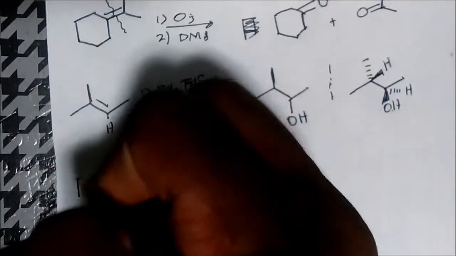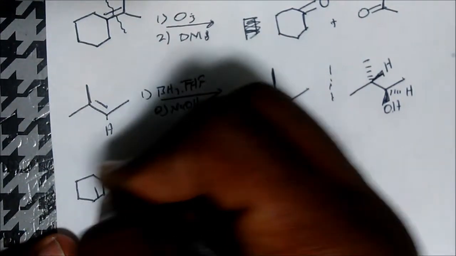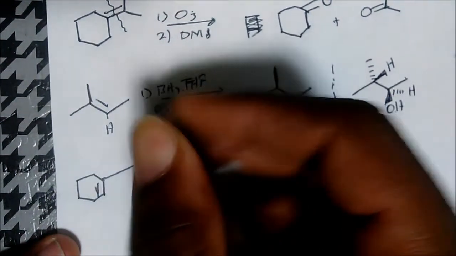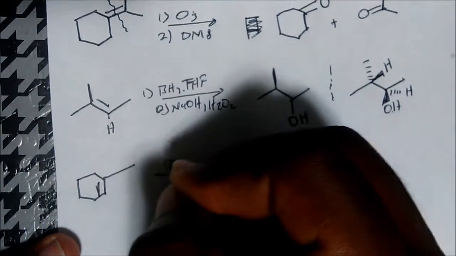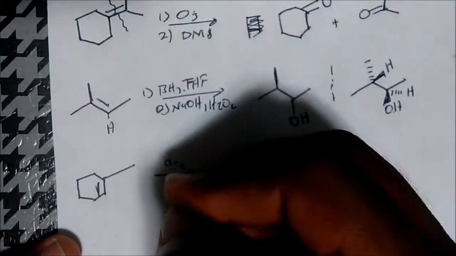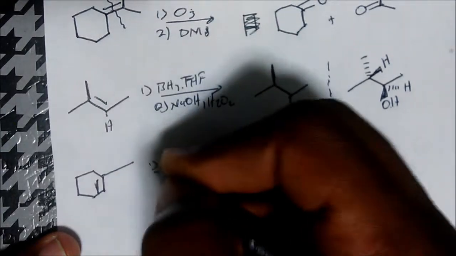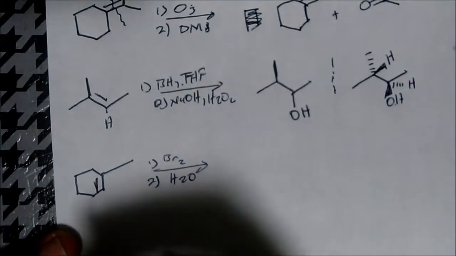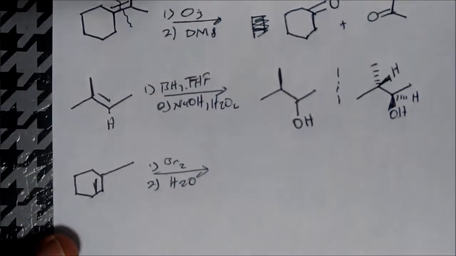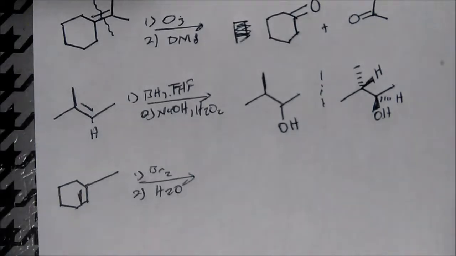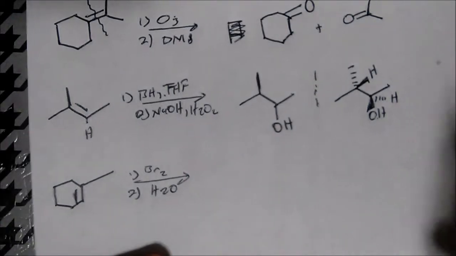Now, what if you add this molecule and you add bromine in the presence of water, water in the second step? What would be the major product? Well, again, remember this follows the Markovnikov rule, with anti-addition.